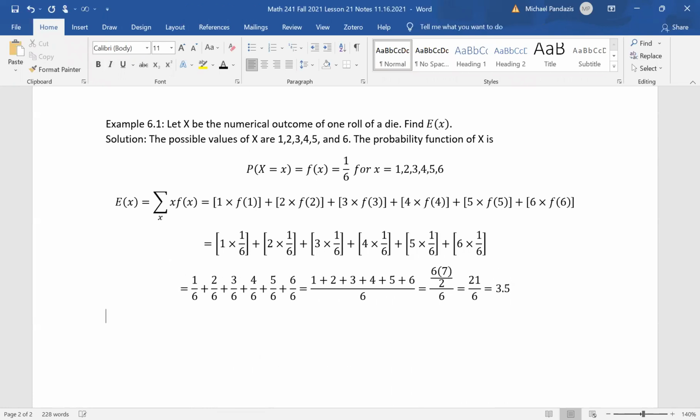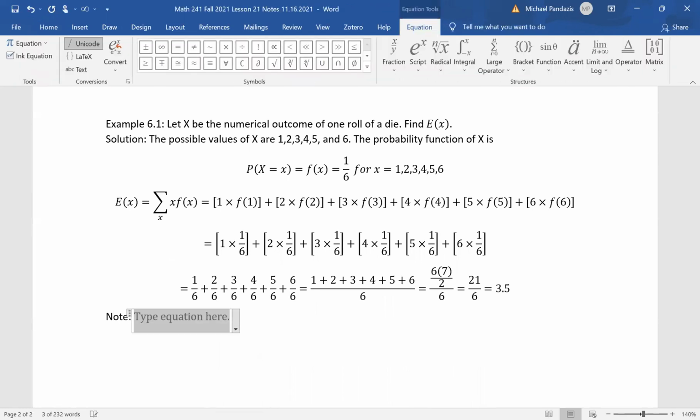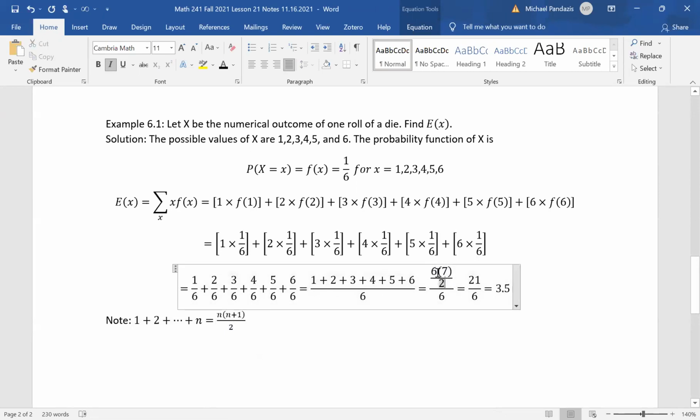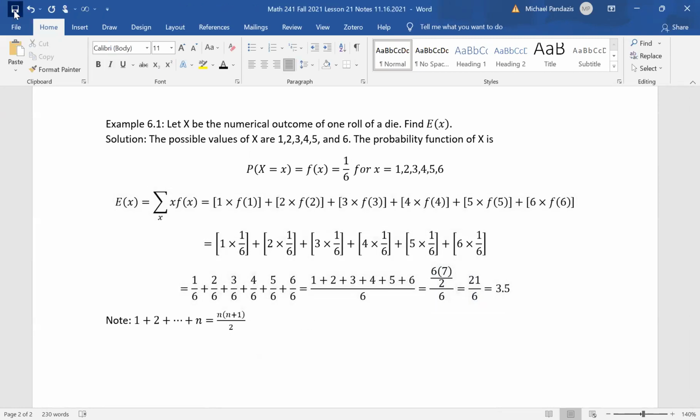Note the formula I used: the sum of the positive integers from 1 to n is equal to n times n plus 1 over 2. I just plugged in n equals 6, so 1 plus 2 plus 3 plus 4 plus 5 plus 6 is 6 times 7 over 2. That's 6 over 2, which is 3, 3 times 7 is 21, 21 over 6, or 3.5. The expected value is 3.5.